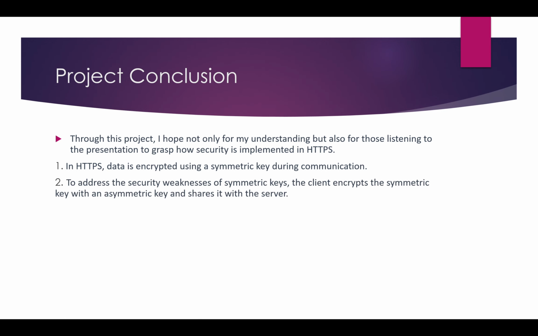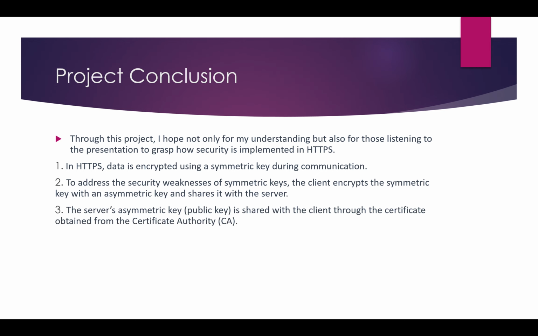To address the security weakness of symmetric keys, the client encrypts the symmetric key with an asymmetric key and shares it with the server. The server's asymmetric key is shared with the client through the certificate obtained from the CA.